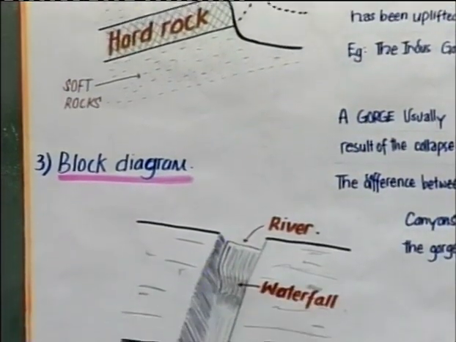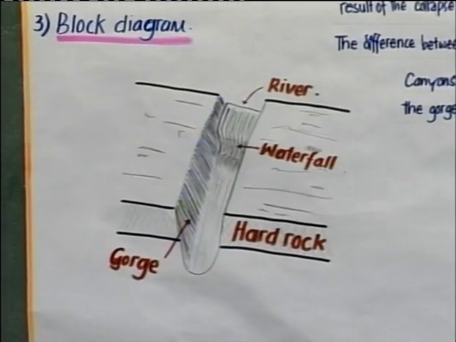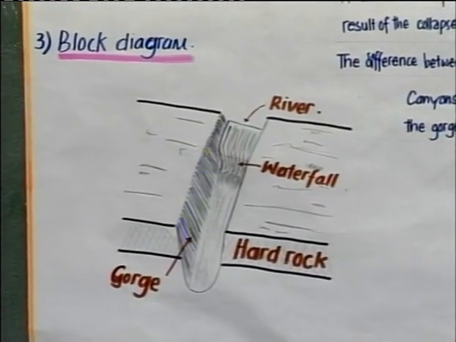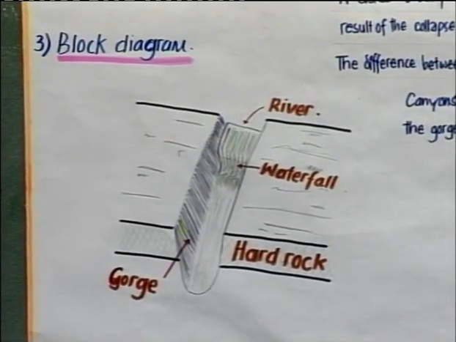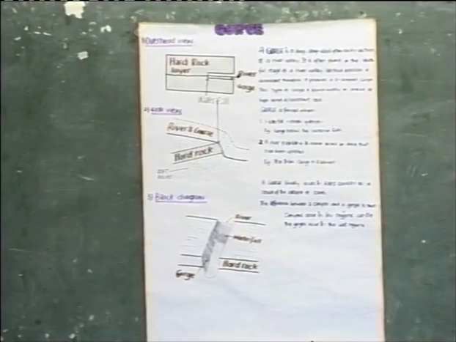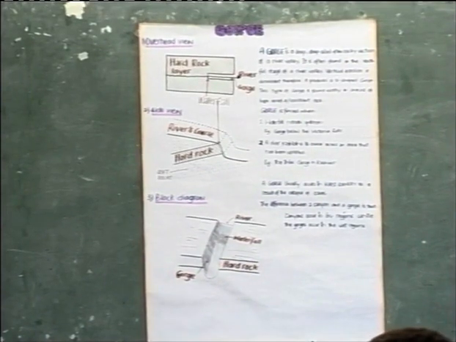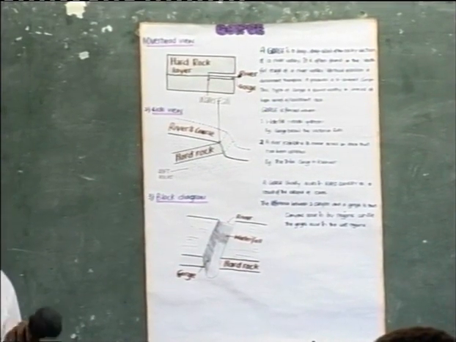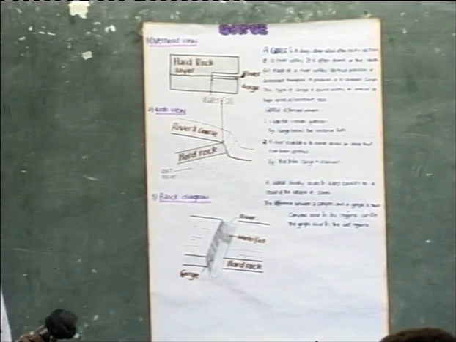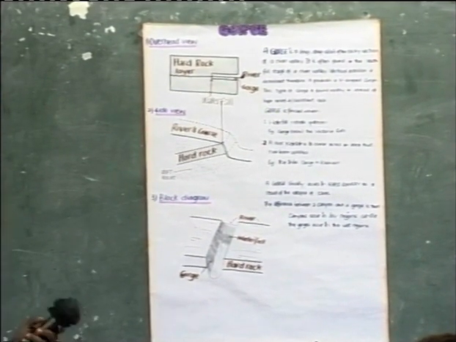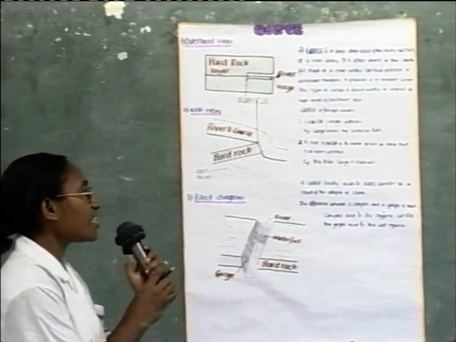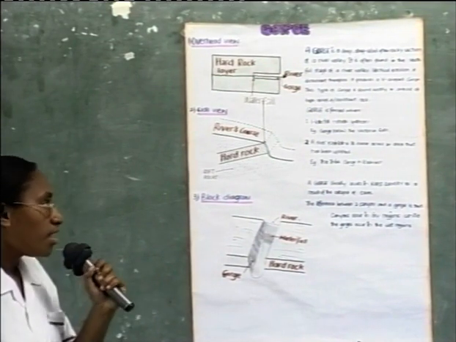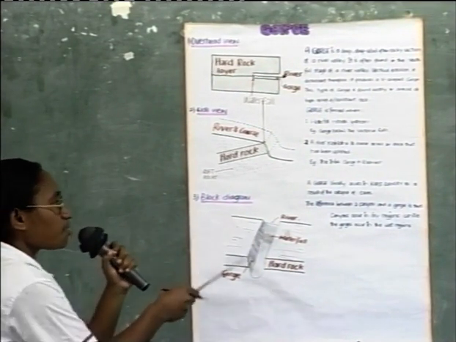Okay, there's a question here. Explain why canyons occur in dry areas and gorges in wet areas. Okay, like I said, gorges and canyons are the same thing, except that a gorge is much smaller than a canyon.